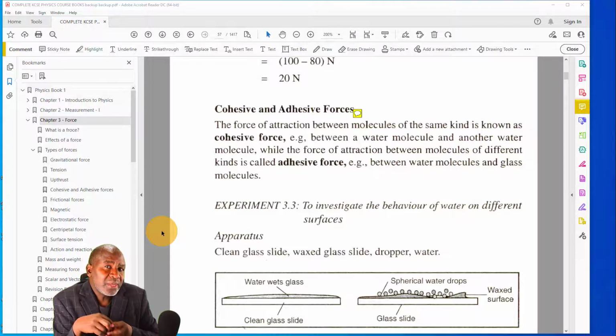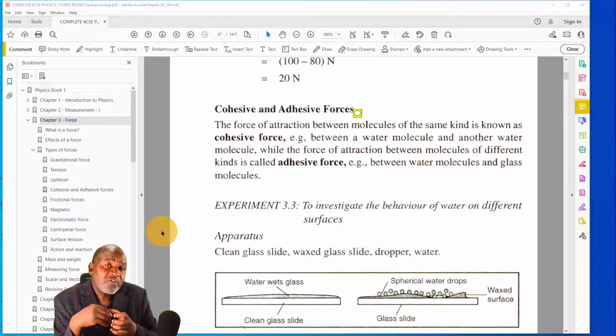Now, what do we mean by molecules of the same kind? We are talking about a water molecule and another water molecule attracting each other. What do we mean when we say molecules of different kind? We mean a water molecule and a glass molecule.